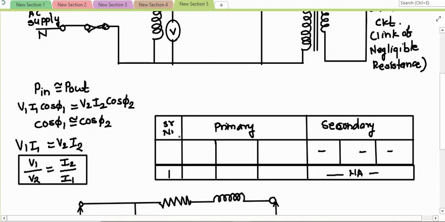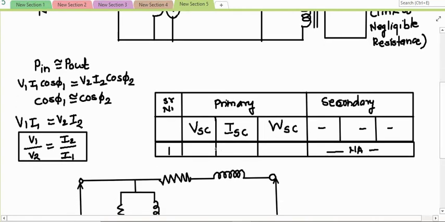But on the primary side, we have to find out what is the voltage which is required to circulate the rated current of the primary circuit, and that voltage is denoted by VSC, short circuited voltage. Then this is primary short circuit current and this is your primary short circuit power, WSC. So these readings we have to record in the tabular format.